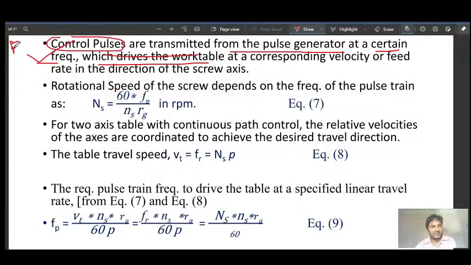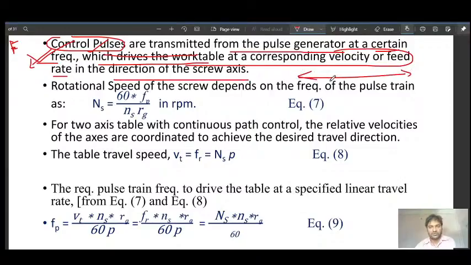So if PLC is supplying F frequency through controller, we can use F by 2 or F by 8 or F by 4, that value that controls the pulses. So control pulses are transmitted from the pulse generator at a certain frequency, which drives the work table at a corresponding velocity or feed rate in the direction of the screw axis. Okay, so that is responsible. So pulse is responsible to drive the table.